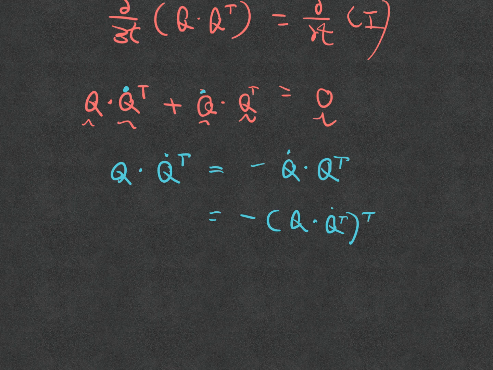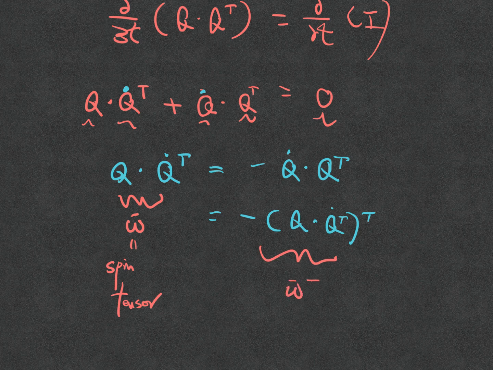Isn't it? This is often called a spin tensor. And this one is the transpose of the spin tensor, which equals the negative of the spin tensor.